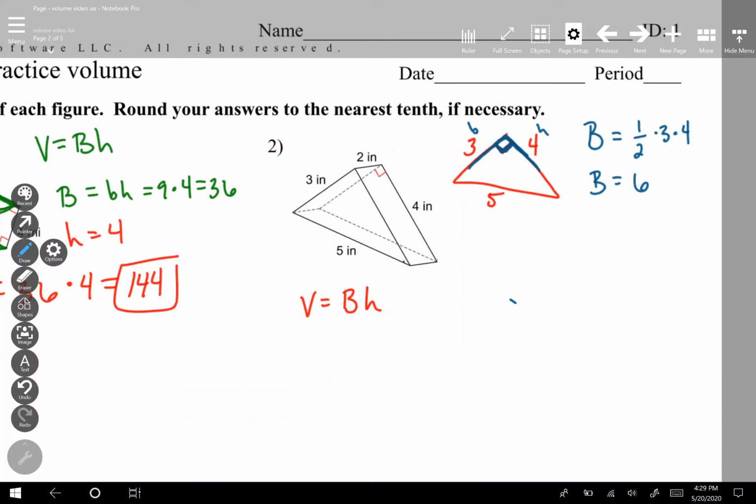Where do I get 25 from? Look at your scale factor. 25 is 5 squared. So in order to find the new area, you have to take your original area and multiply it by the scale factor squared.